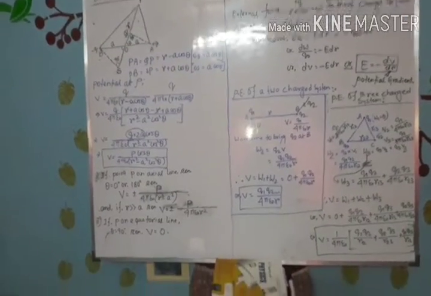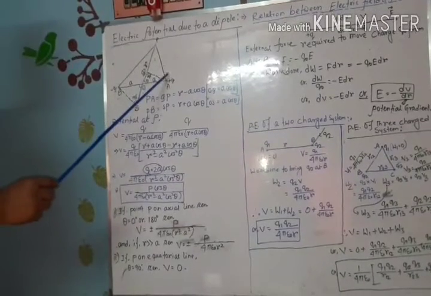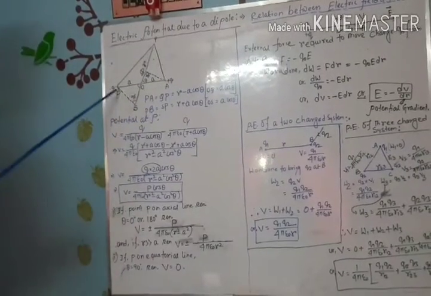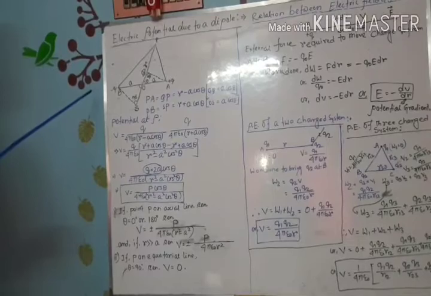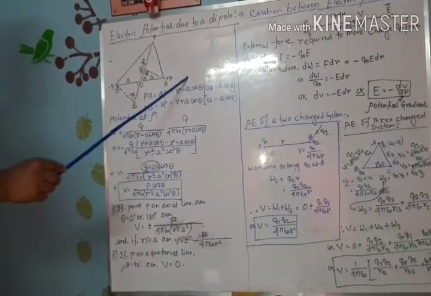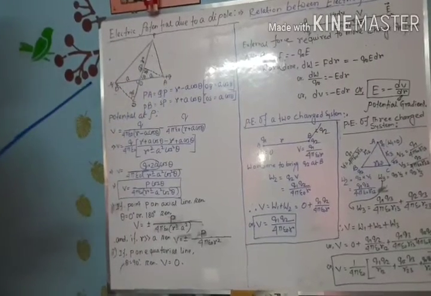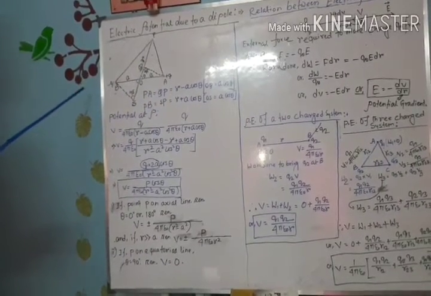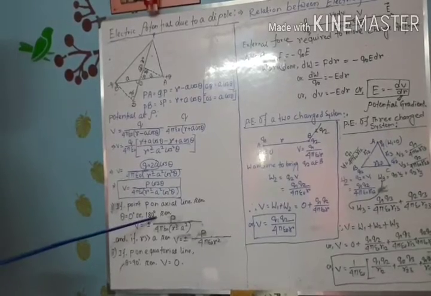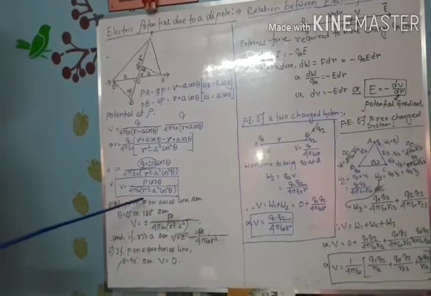Now here will be a special case. What special case? If the point P lies on the axial line, either to the right or to the left of the negative charge. For the point on this side of the axial line, theta becomes 0 degree, but for the point on the other side of the axial line, theta becomes 180 degree. That's why both possibilities are written here.